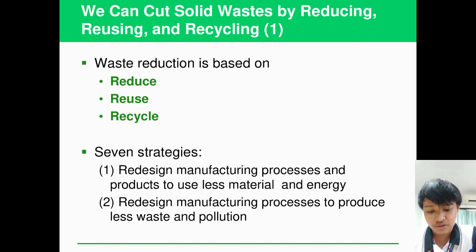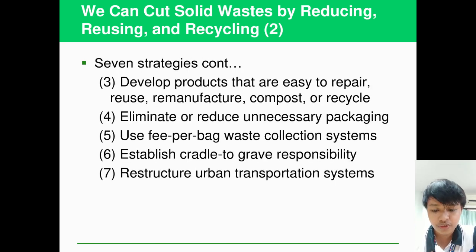And there are also 7 strategies. First, redesign manufacturing processes and products to use less material and energy. Second, redesign manufacturing processes to produce less waste and pollution. Third, develop products that are easy to repair, reuse, remanufacture, compost, or recycle.